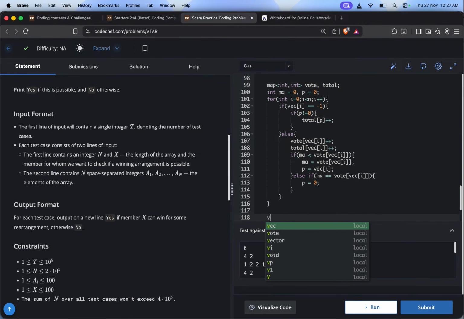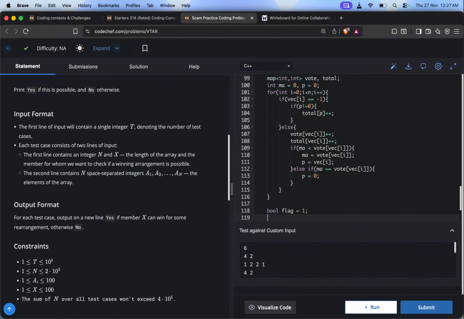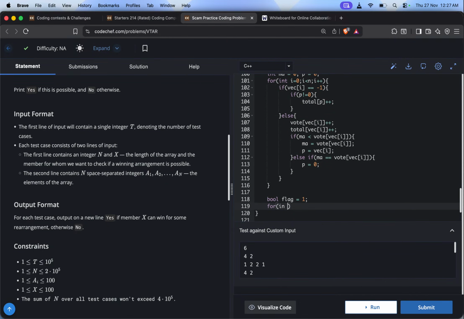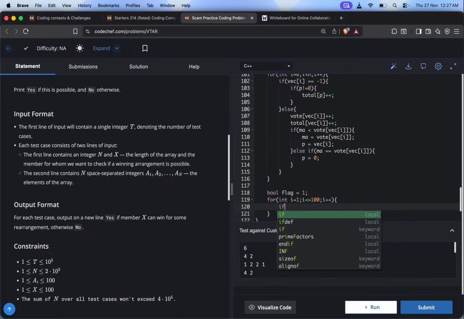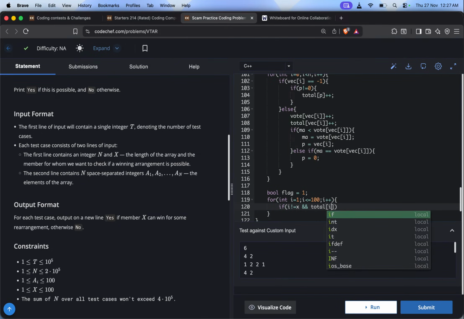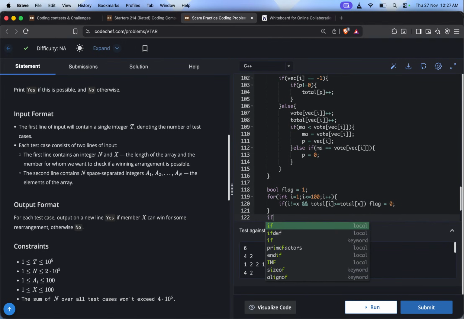At the end, check if x has won or not. Let's say he has won, and if any element from 1 to 100 has got the same or more votes than x, that is, if that element is not equal to x and the total vote of i is greater than or equal to the total vote of x, then flag is equal to 0 because he cannot win.